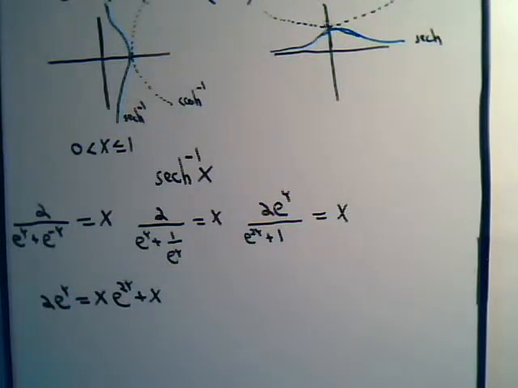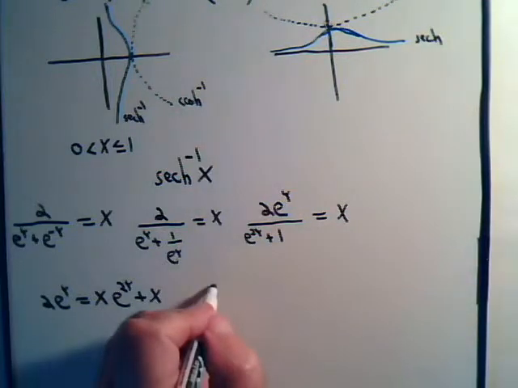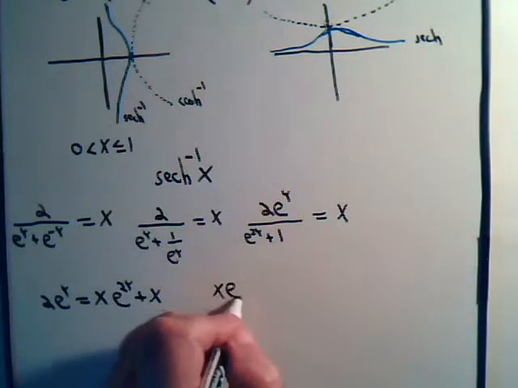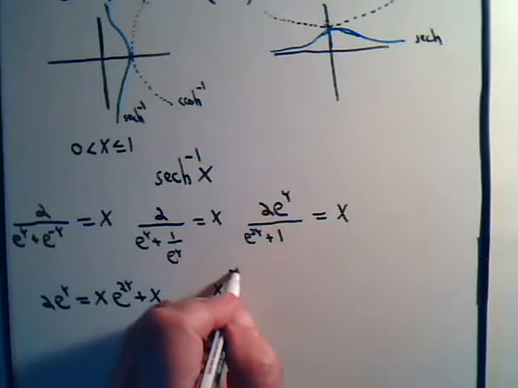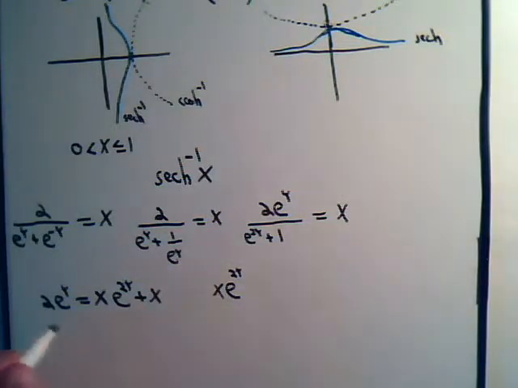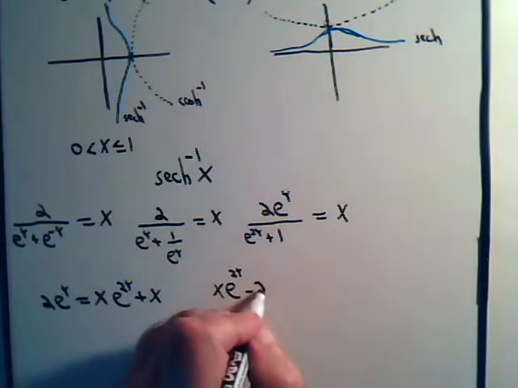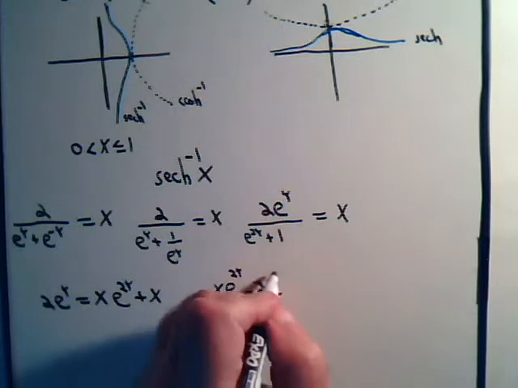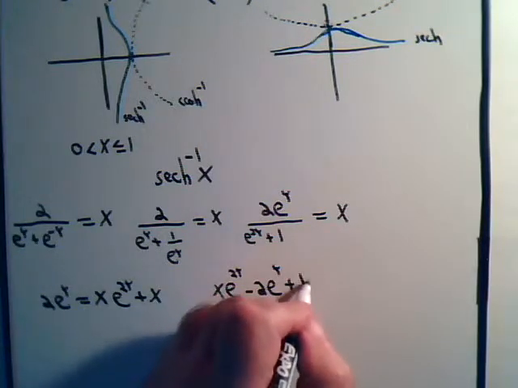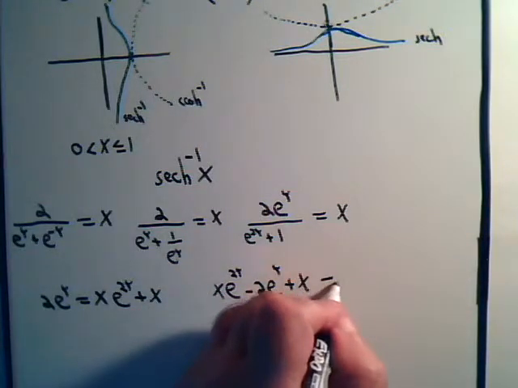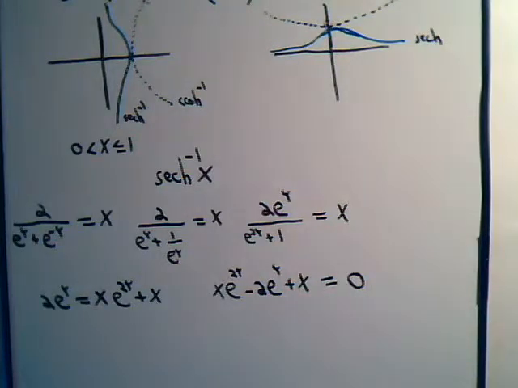Well, if we put everything on one side of the equation, we will have x e to the 2y minus 2 e to the y plus x equals 0.